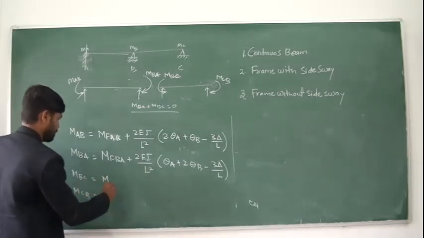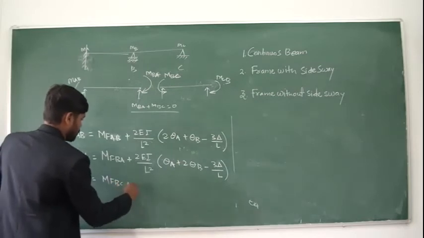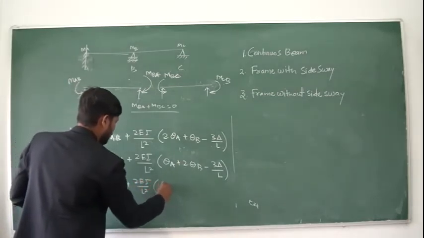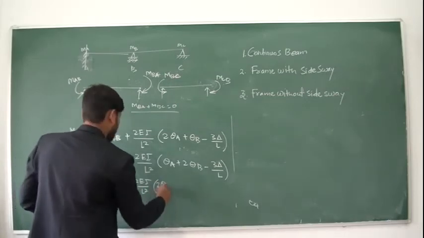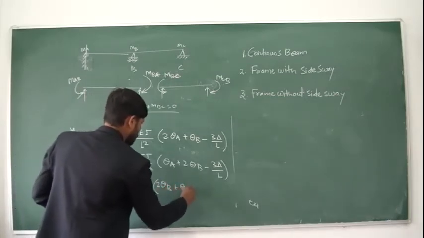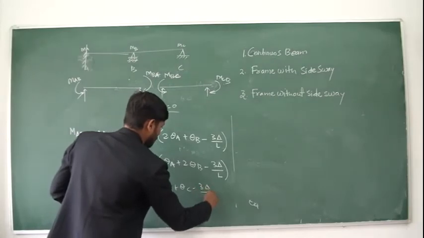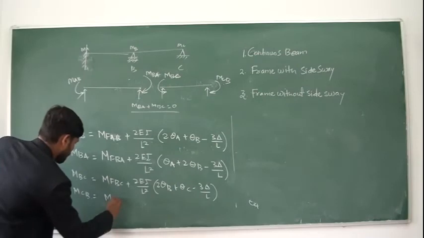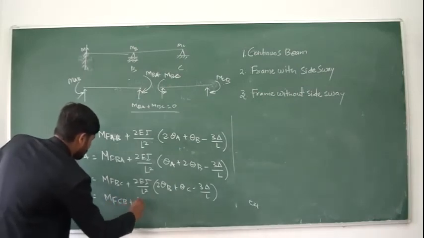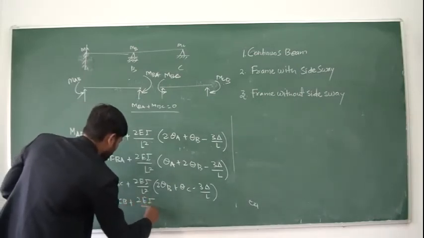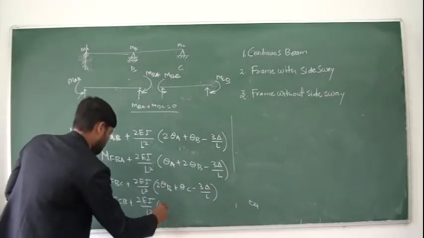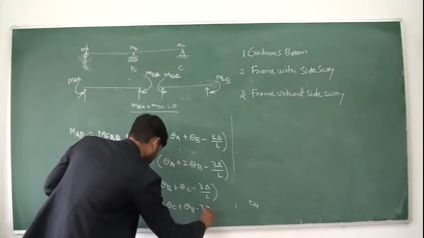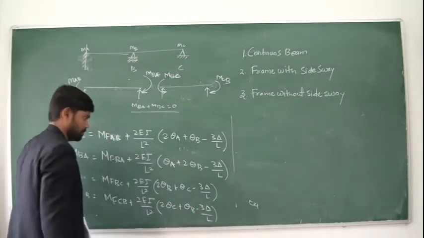MBC is MFBC plus 2EI divided by L square into bracket 2 theta B plus theta C minus 3 delta divided by L. Then MCB is MFCB plus 2EI divided by L square into 2 theta C plus theta B minus 3 delta divided by L.